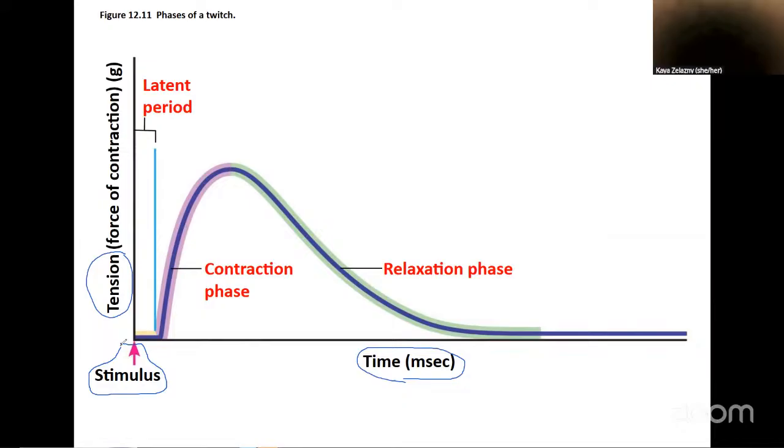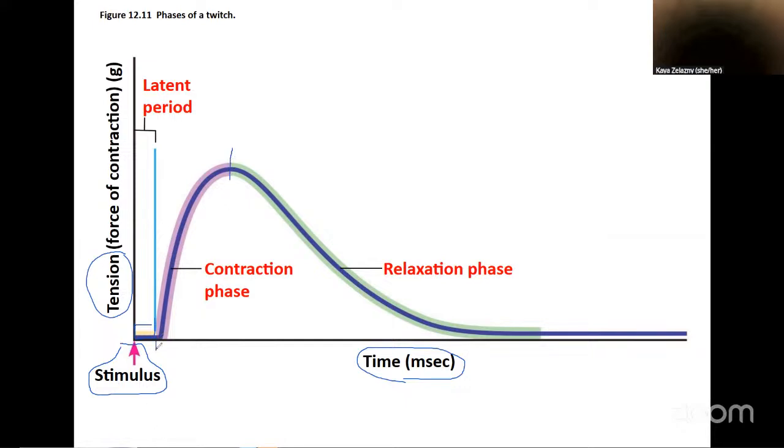So here we have our brief latent period. You can see that there's no change in tension for this first little chunk of time. All right, so we got our stimulus, but we're still doing all the steps that we need in order to get that cross-bridge cycling going. And here we have our contraction phase next in purple, to our peak tension.